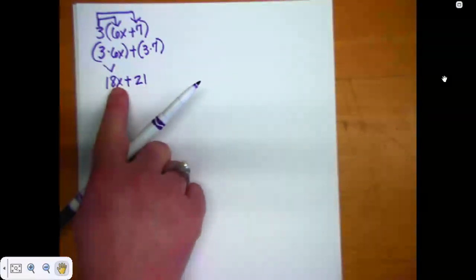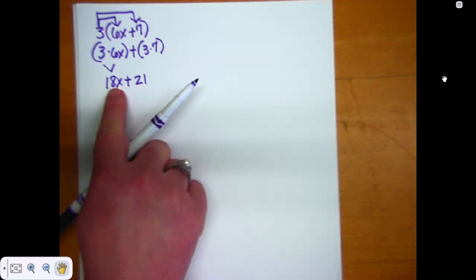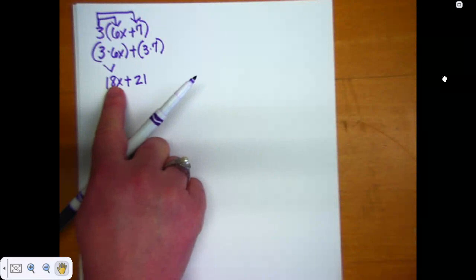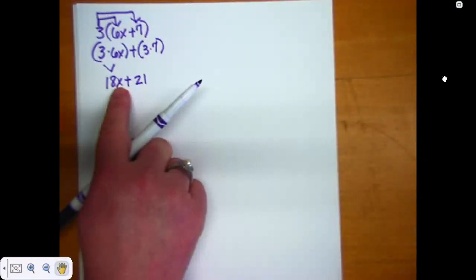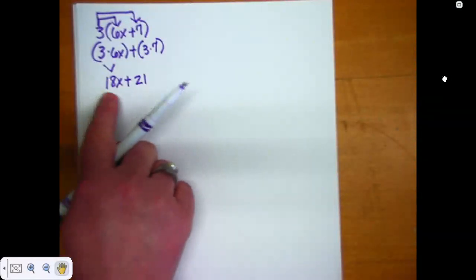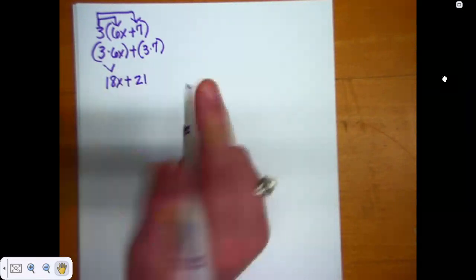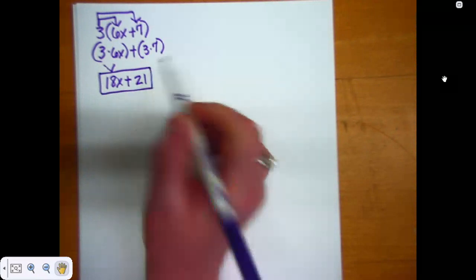This 18 is not a constant, it is a coefficient because whatever x is will be multiplied times 18. So 18 will not stay the same thing once we know or if we know what x stands for. But at this point, all we know is 18x plus 21, and that is the most simplified way we can write this expression.